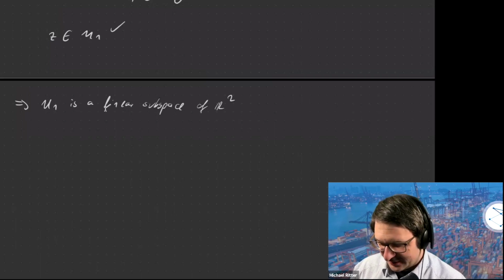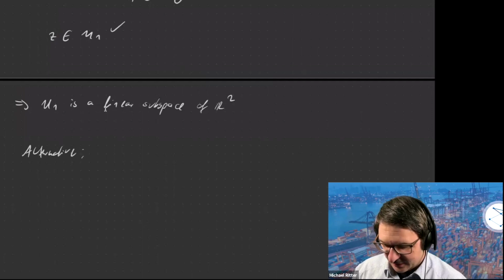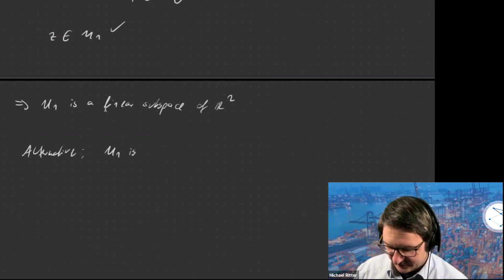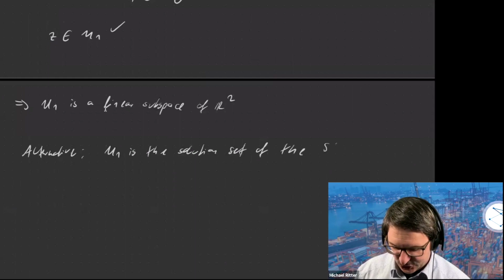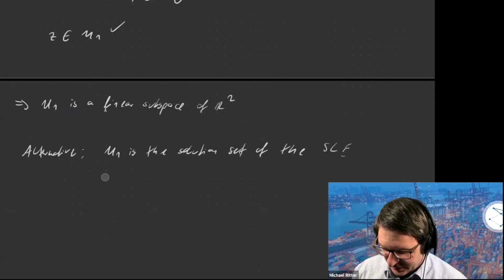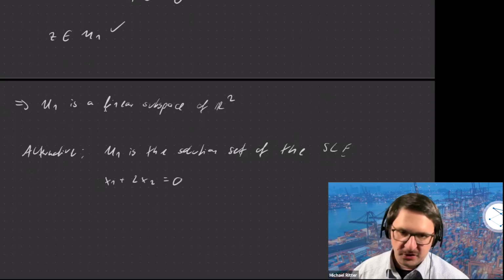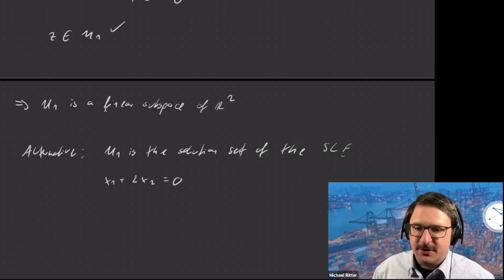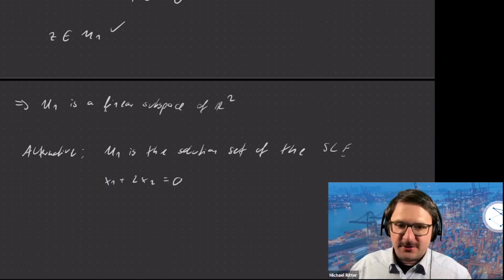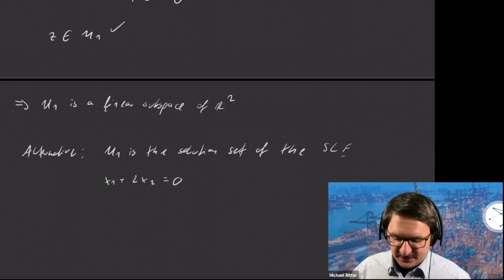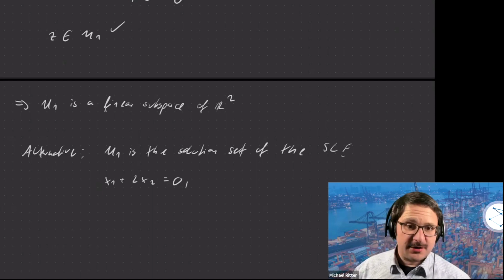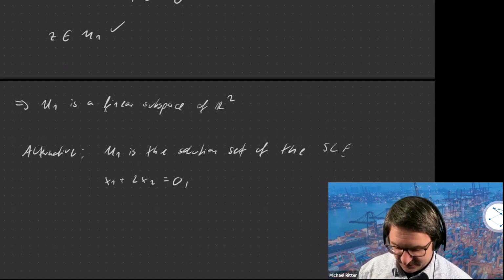We could just have said U1 is the solution set of the system of linear equations x1 plus 2x2 equals 0. It's one equation, but still one equation is a system. One system, two variables. So U1 is a solution set. The right-hand side is 0, so that's a homogeneous SLE.